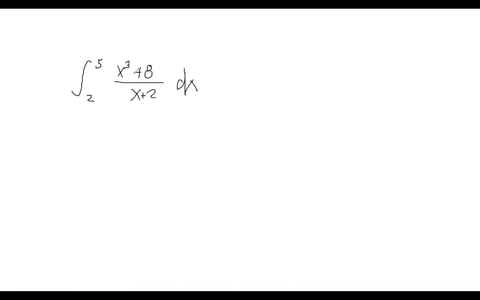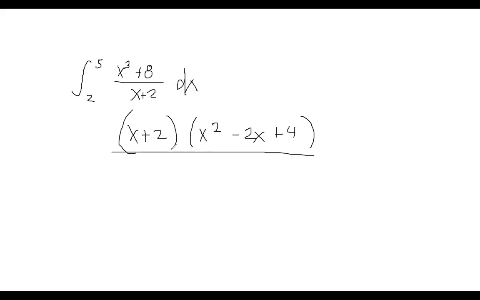So x cubed plus 8 can be simplified further as x plus 2 times x squared minus 2x plus 4, a special product. Then we have it all over x plus 2, and don't forget the boundaries, 2 and 5, dx.